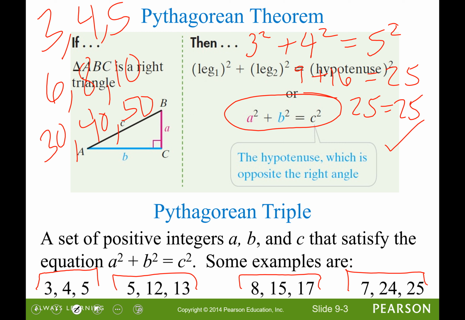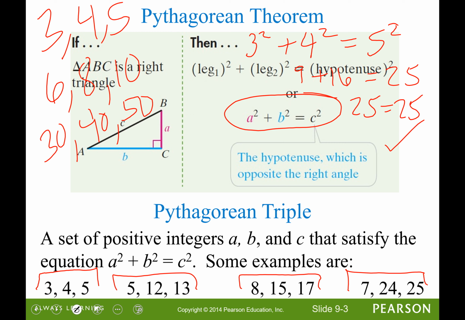Because if you do see a right triangle that has, let's say, 3 and 4 as its side lengths, you won't need to take the time to calculate the length of the hypotenuse. You would know it's 5. Or another example would be if you knew a right triangle had a hypotenuse of 5 and one side length of 3, you would know that the other side length is 4 because of the Pythagorean triple 3, 4, 5.